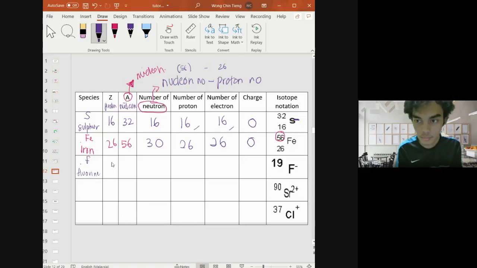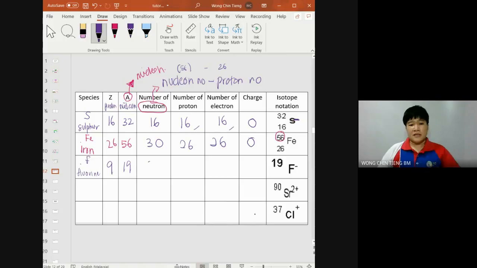Nine. Nuclear 19. Neutron 9. Tak nak bincang dah. Saya tak ada kelas yang jawab salah macam kelas kamu.